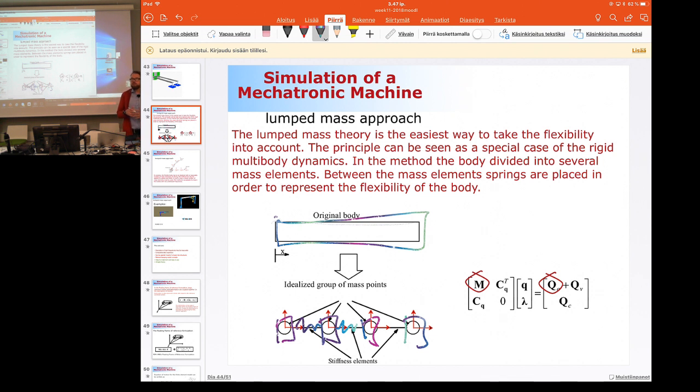Strictly speaking, this is not the flexible multi-body. I'm not using the flexible multi-body theory because the equation of motion that is needed is one-to-one from the rigid multi-body dynamics. The only thing that is different here is that there will be a few more bodies and a few more externally applied forces, because the spring elements will be considered as externally applied forces. So it's quite straightforward.